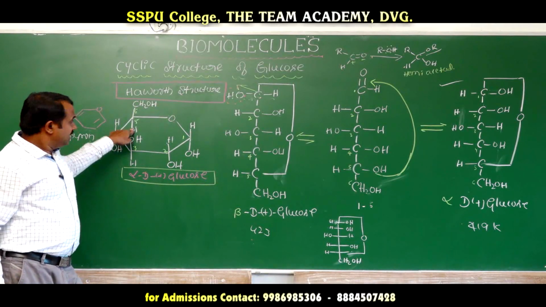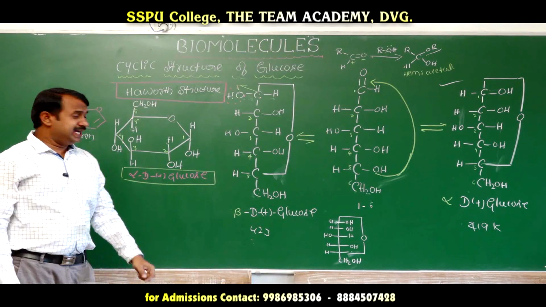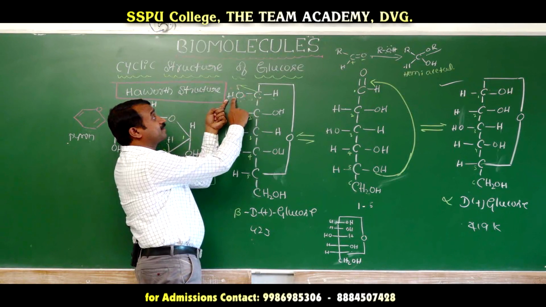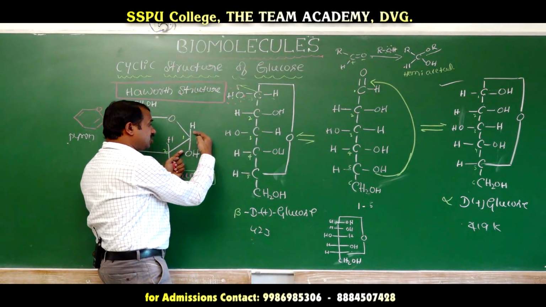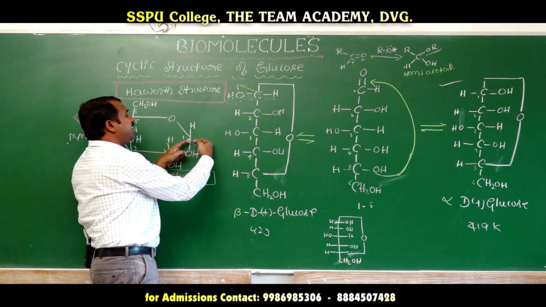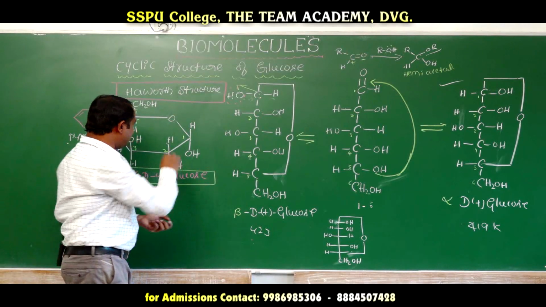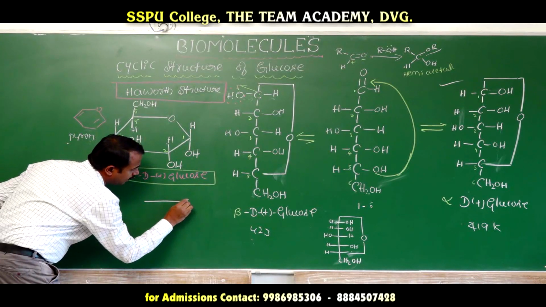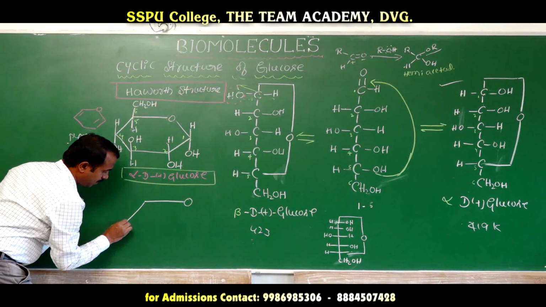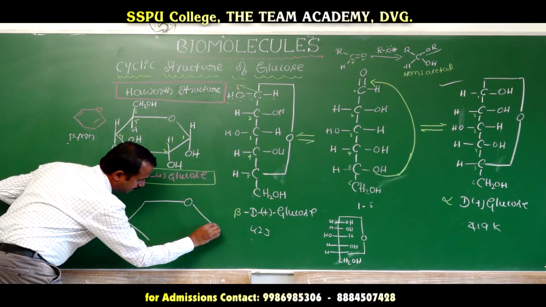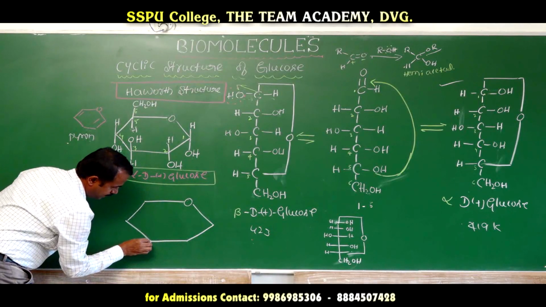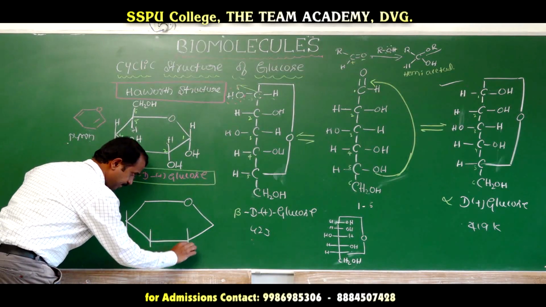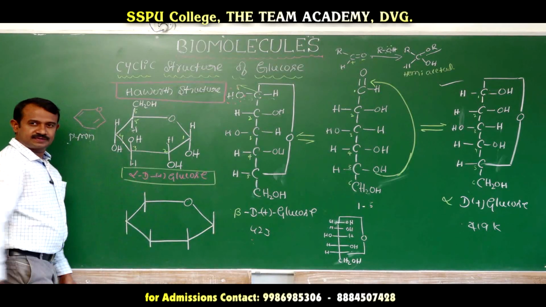The same structure applies for beta: the hydroxy group is on the left side or right side. When the hydroxy group is on the right side, it is below; when it is on the left side, it is above. Same for the Haworth structure of pyran.